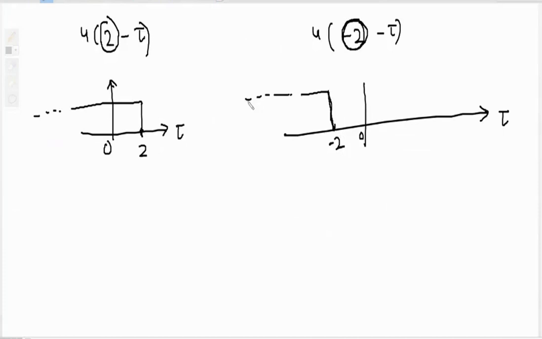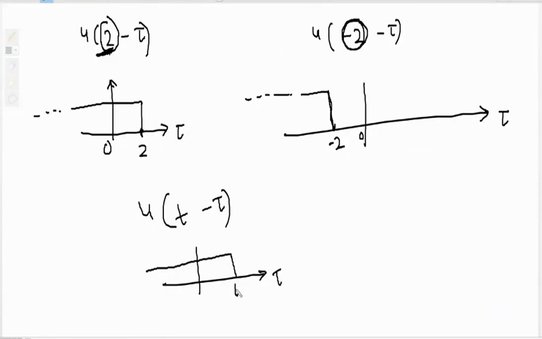Once again, I will repeat the observation. When this number is positive, for example, u of t minus tau, when the t is positive, the signal will start from positive side and it will go towards left side, if I am sketching signal with respect to tau.